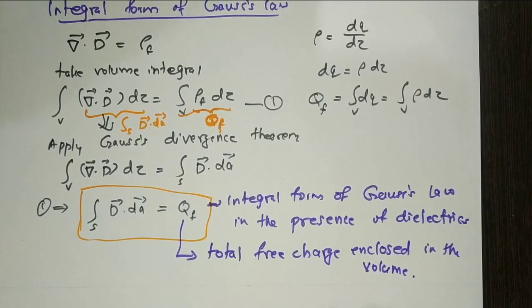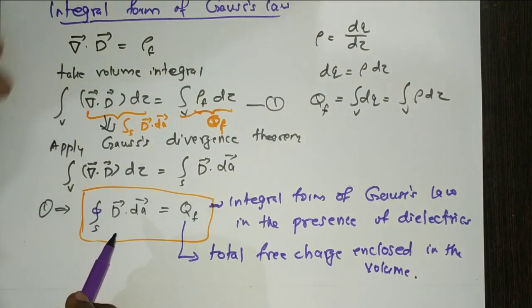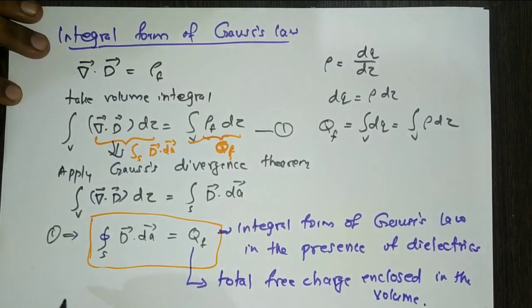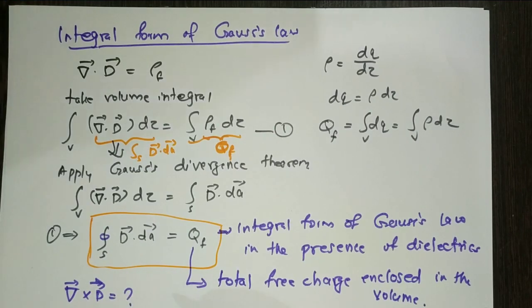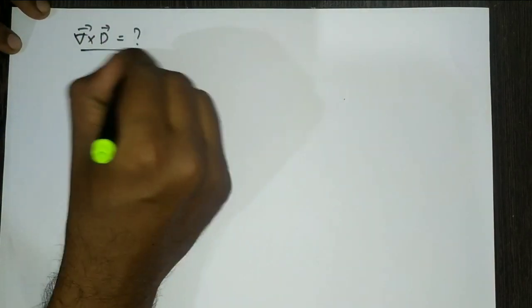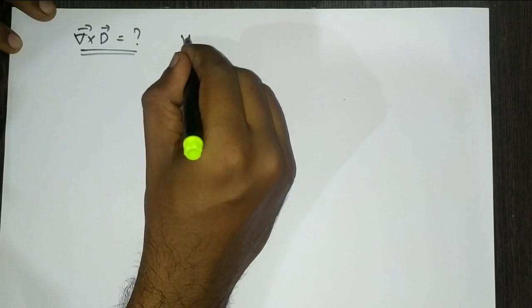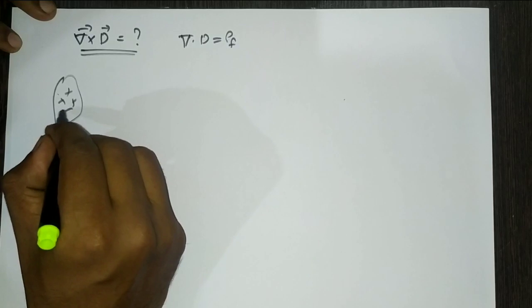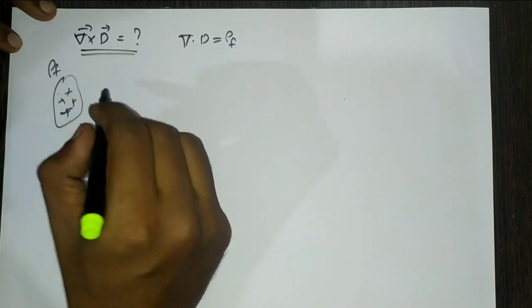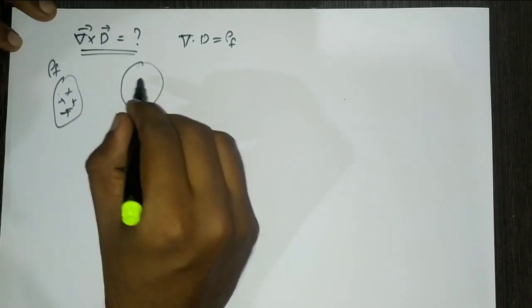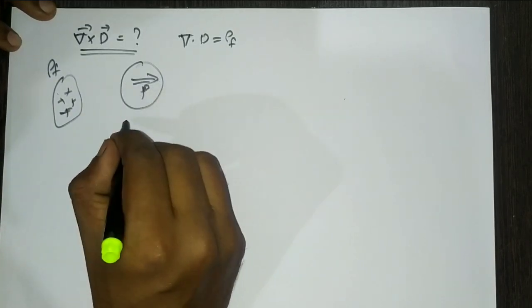Okay, now let us move to the next case. If this is the divergence, del dot D, let us see what the curl of D will be. Del cross D, what is the result? We know that del dot D is equal to rho f. These free charges, rho f, and the field produced by them produce a polarization in the dielectric material.